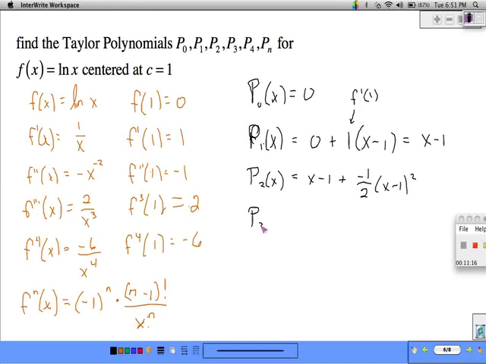The 3rd degree, I take the 2nd degree and I'm going to add on the 3rd derivative evaluated at 1 over 3 factorial, so that would be 2 over 6, which is 1/3, times x minus 1 cubed.